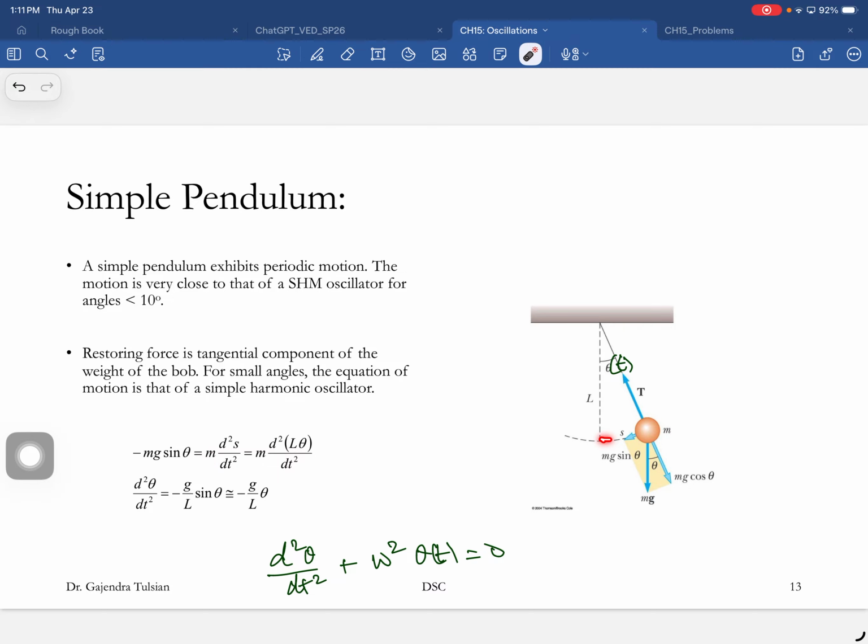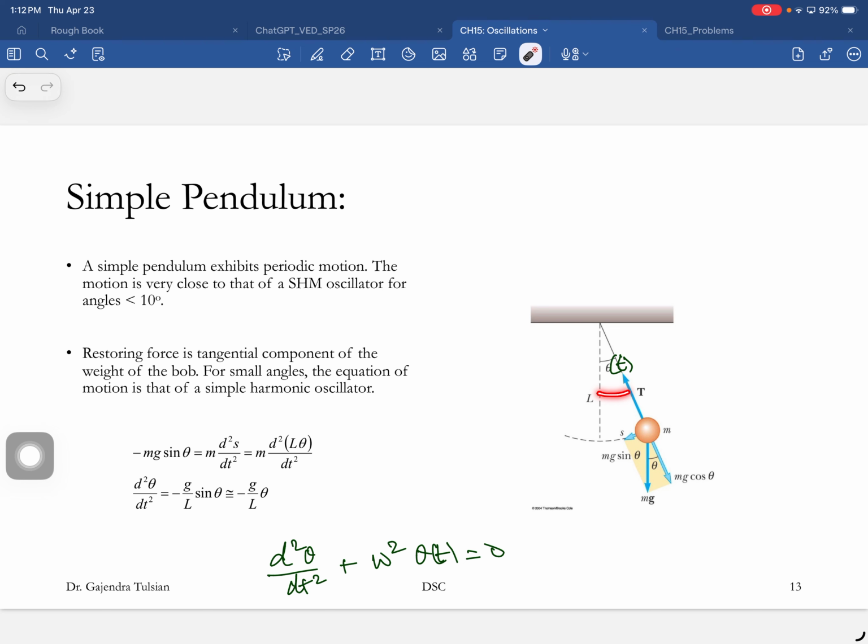We'll measure the configuration with this arc length, so it's d squared s by dt squared. The arc length is equal to the length of the pendulum times this angle, so d squared of L times theta by dt squared. So what you get is d squared theta by dt squared.